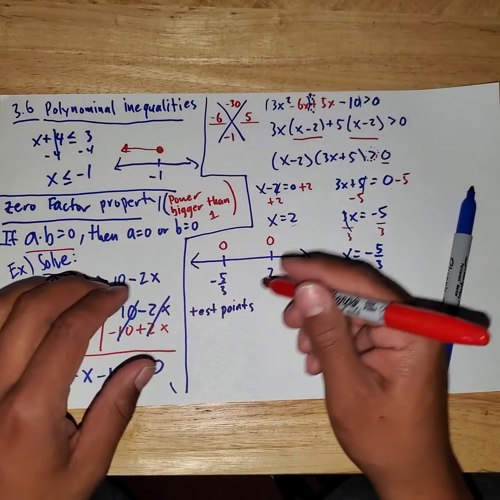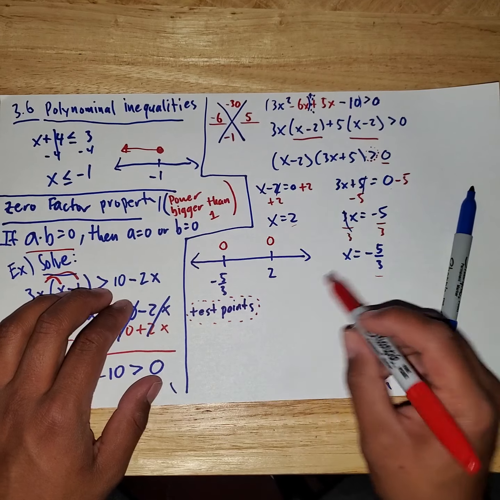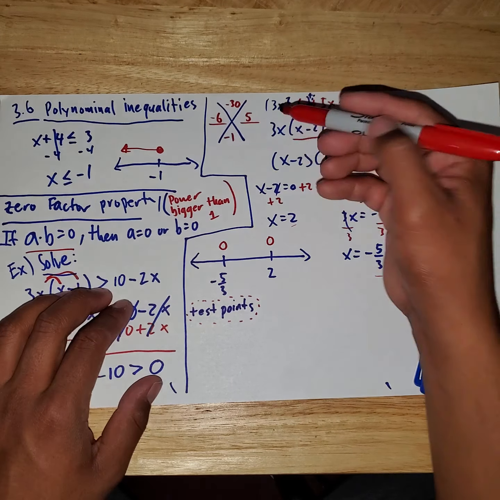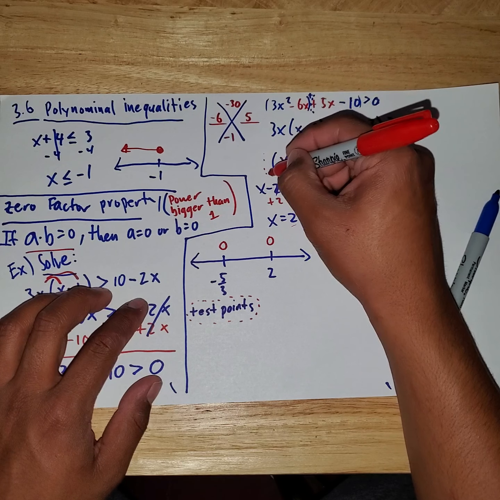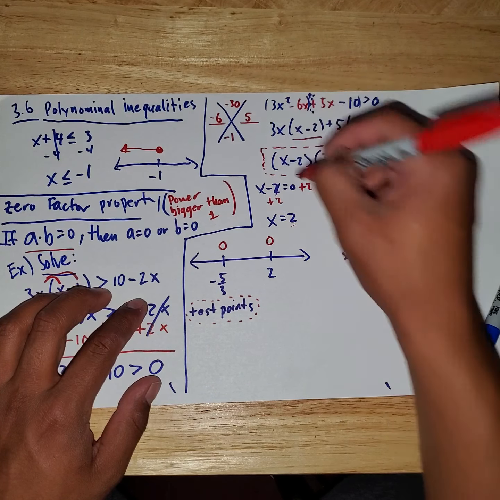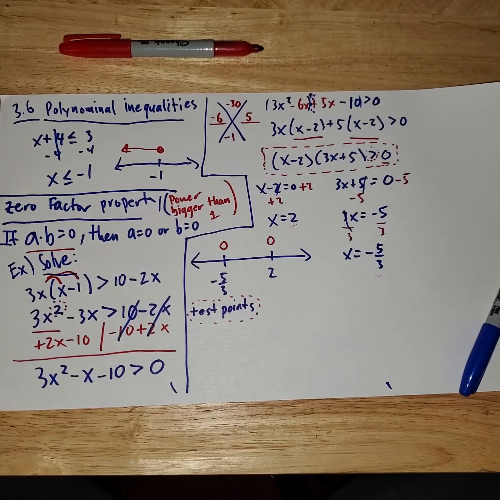These test points are going to be numbers that we're going to use to just check. We're actually just going to plug in numbers into here to try to verify which values are going to give us positive ones. So let's start.